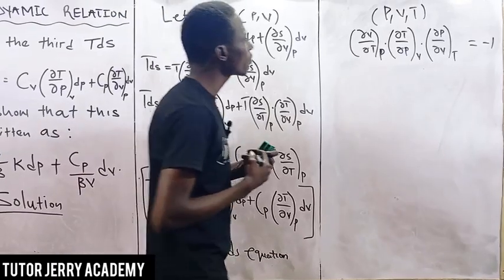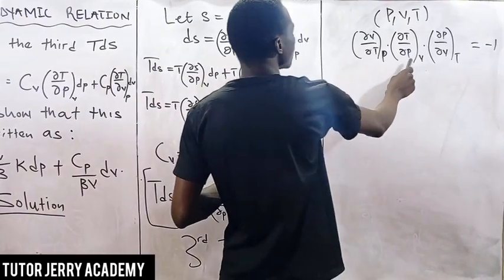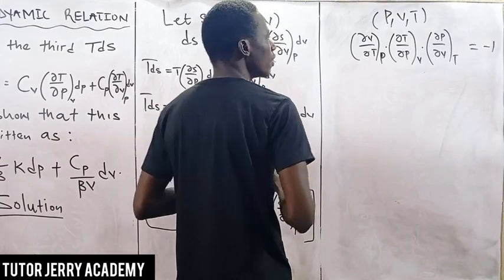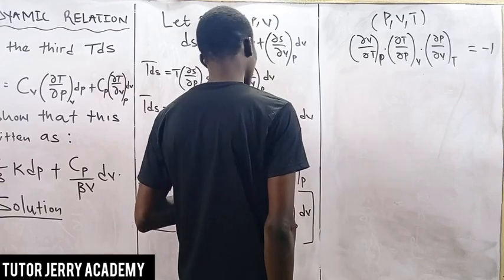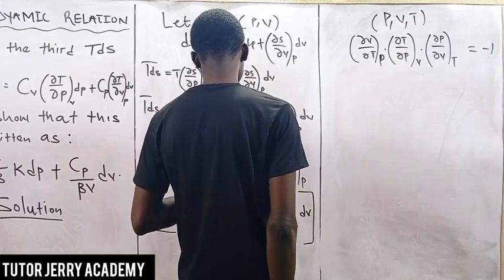Now, I'm going to be making the partial derivative of T all over the partial derivative of P, keeping V constant, the subject of this relation. That's what I'm going to be doing.